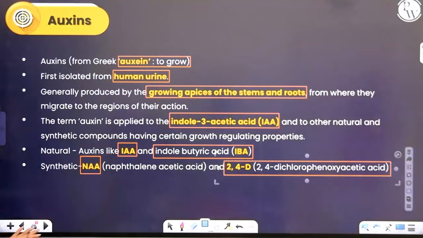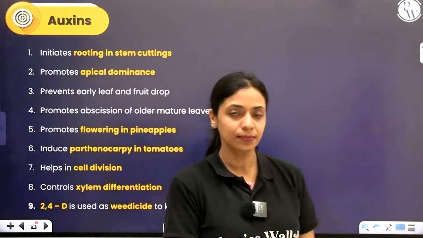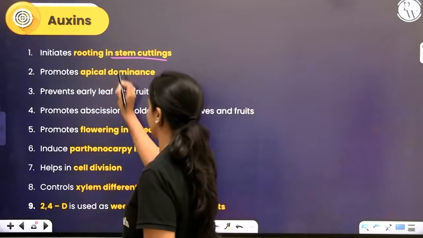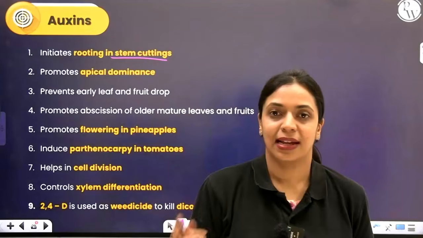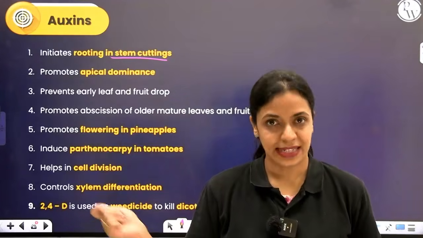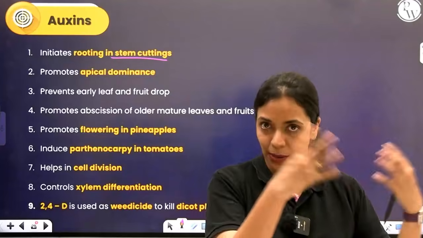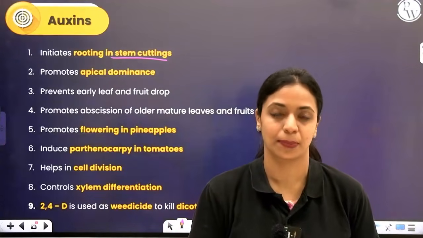Now, let's learn about the physiological effects of auxins. Auxins are used to initiate rooting in stem cuttings. You may have noticed how in plants like rose and jasmine, a stem is cut and then you plant it in your house. It becomes an entire rose plant. Vegetative propagation can be done by just using cuttings of stem, right?